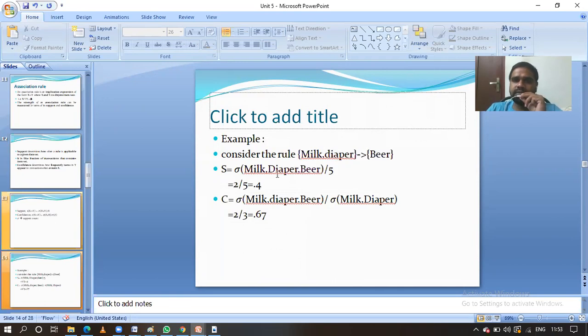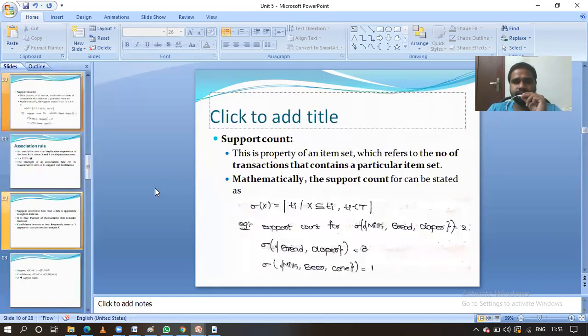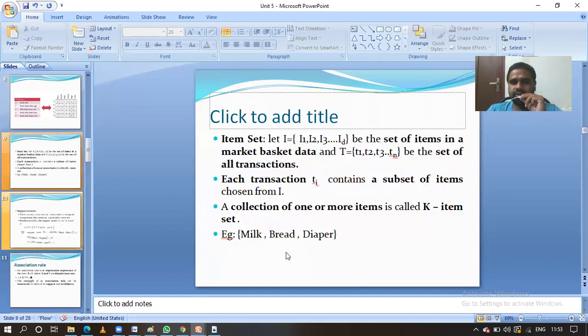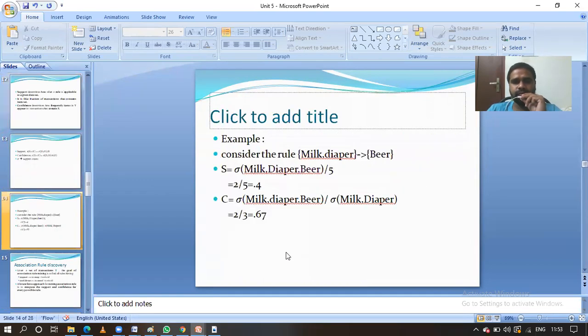How many times are milk, diaper, and beer repeated in the overall transactions? Milk diaper beer, one time, two times. That is 2 by 5, so 0.4 is the support for milk diaper beer.